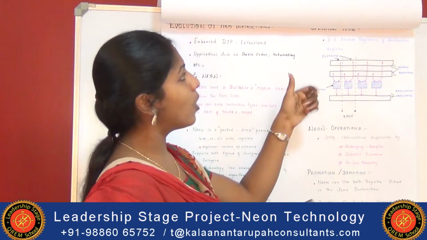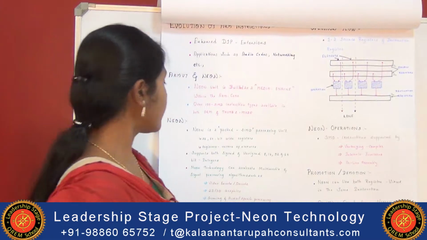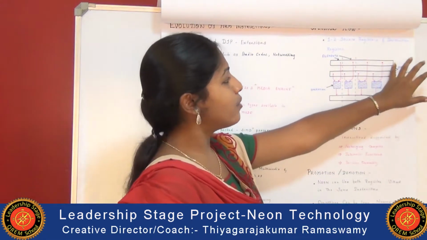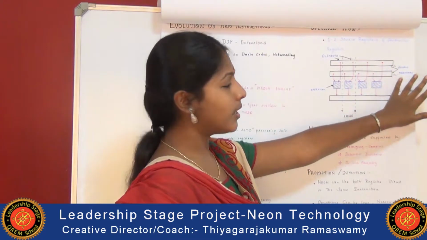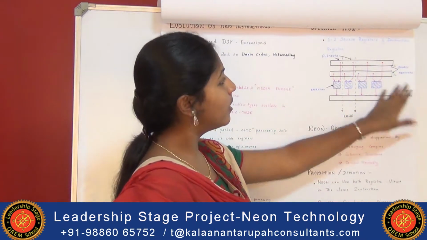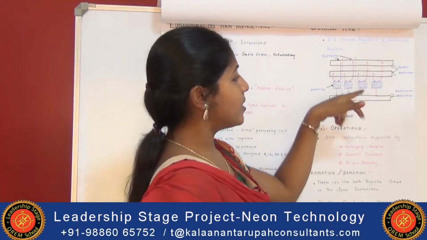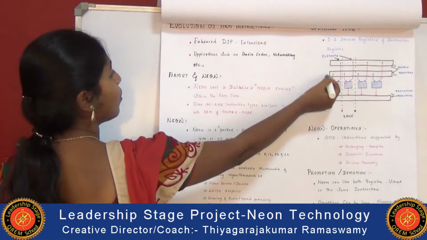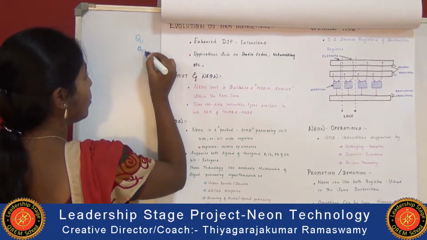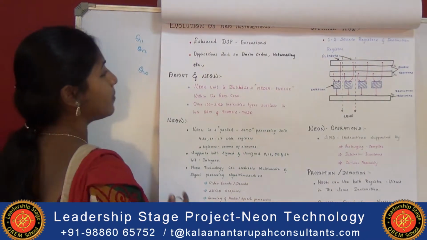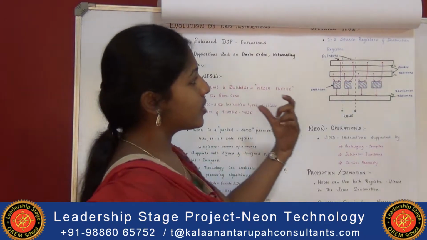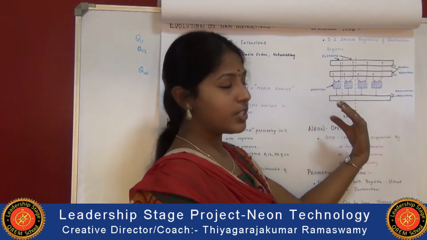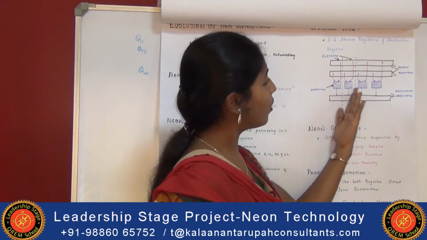When we come across the operand flow of this Neon, here is an example of operand flow. Here it uses one or two source registers, and there is one destination register. Both of these are source registers, and this is the destination register. Consider both source registers as Q1 and Q2 and the destination register as Q0. If any instruction is given, it can perform the same operation in these 4 lanes.